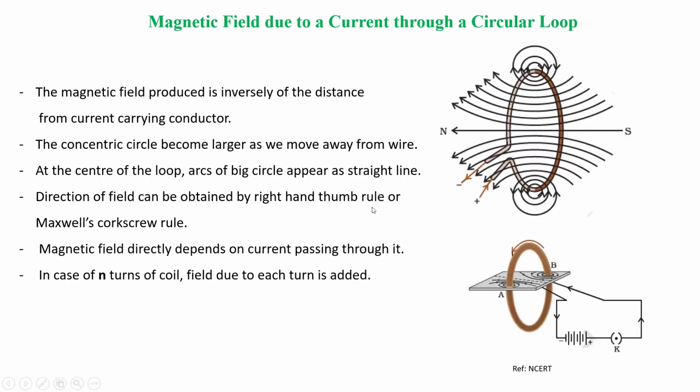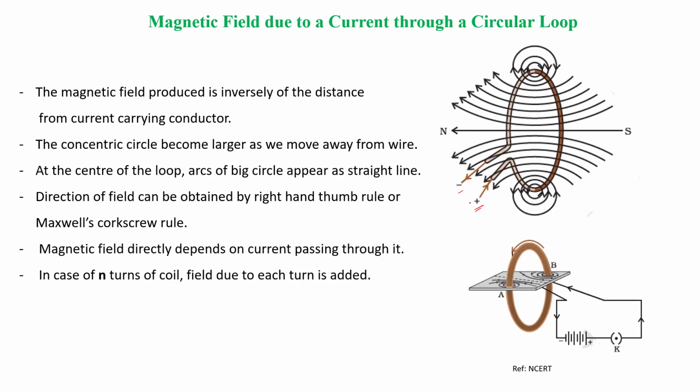Now we have another thing: the magnetic field due to current through a circular loop. Earlier we saw that the wire was straight. Now this wire becomes a circular loop. Here X shows that the current is entering the coil, and the dot shows the current is coming out.